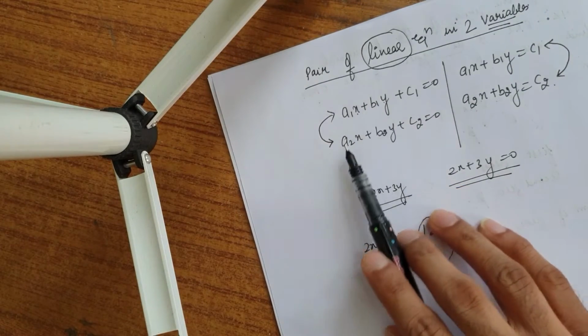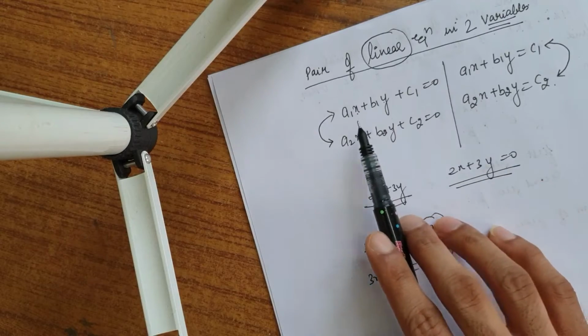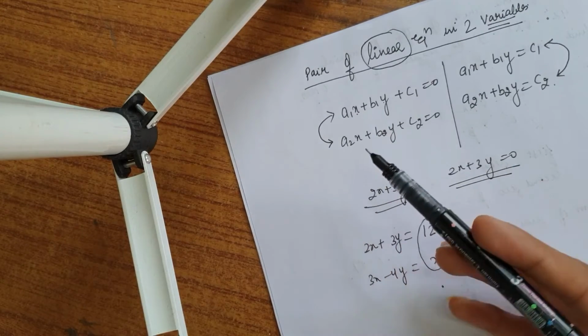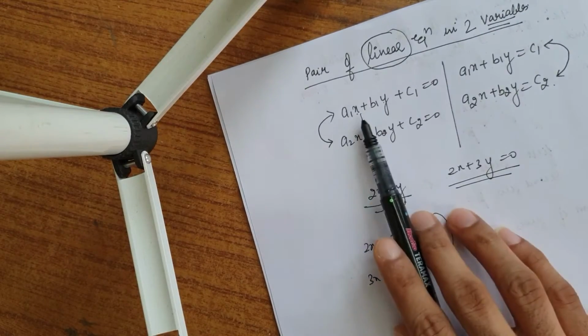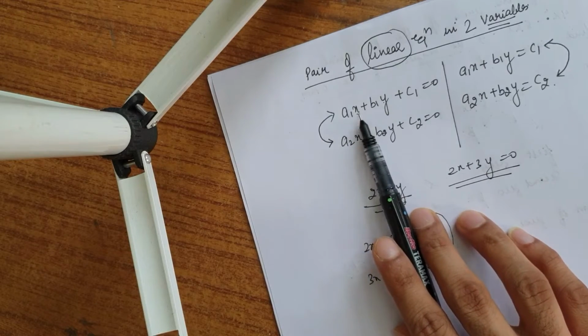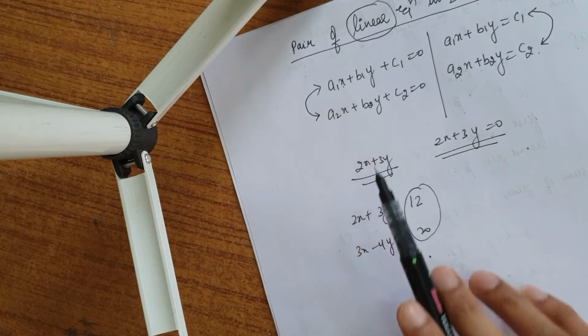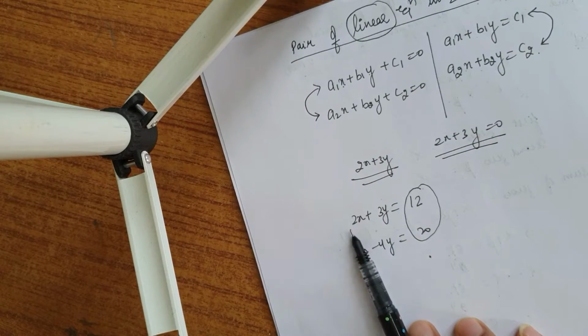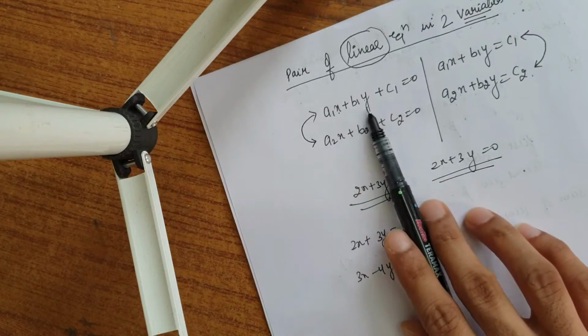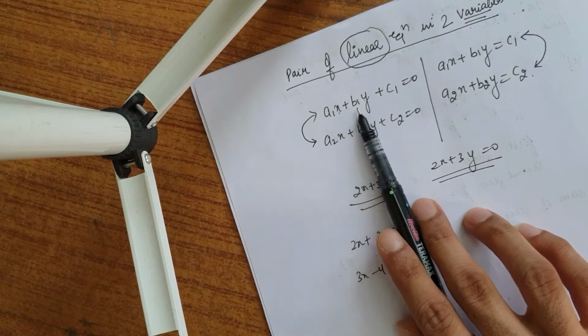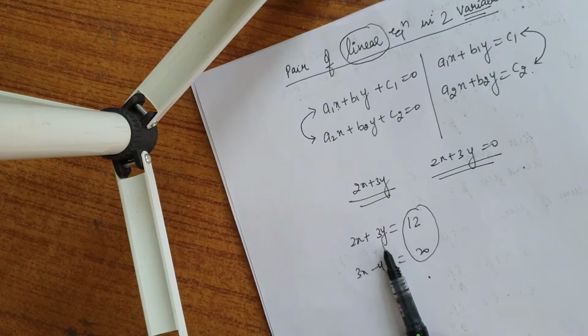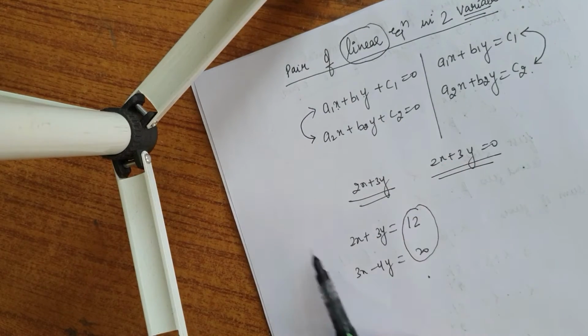So what are a1, b1, a2, b2? They are called the coefficients. The coefficient of x in the first equation is a1, and here it is 2. The coefficient of y in the first equation is b1, and here it is 3. I hope you're getting my point.